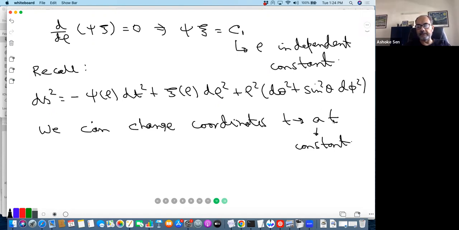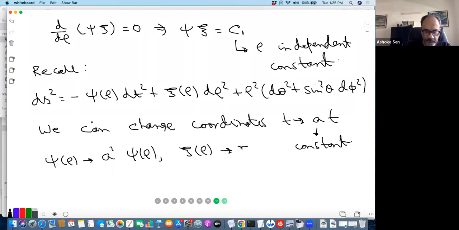Okay, it still preserves time translation invariance and spherical symmetry. If you make a change of coordinates like this, then under this, psi of rho will go to A squared times psi of rho, and xi of rho will go to xi of rho. So by using this kind of change of coordinate, we can set the C1 equal to 1.